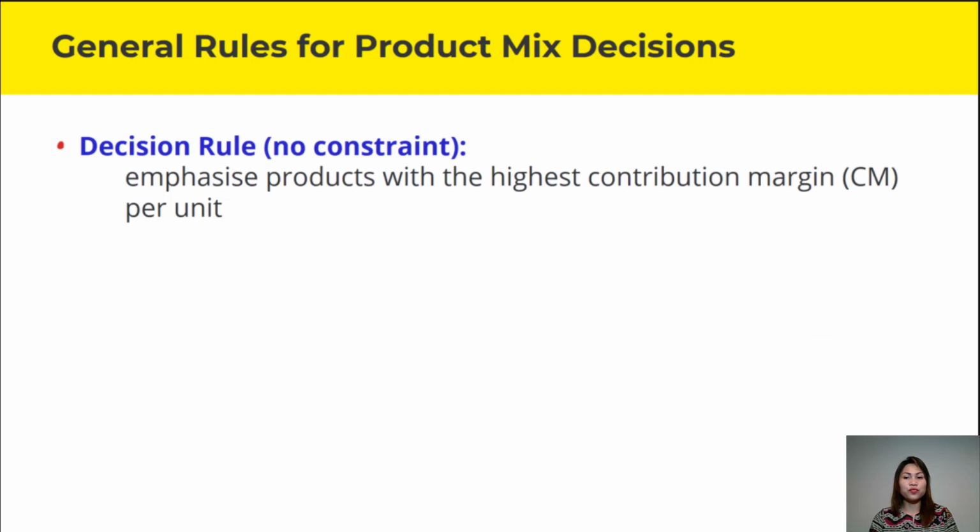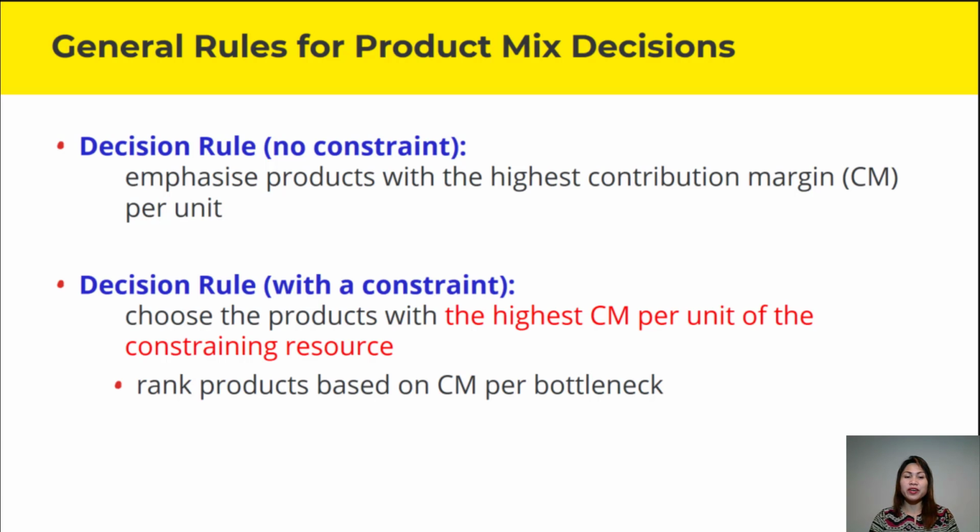The general rules for product mix decision depend on whether the firm has a constraint or not. If a firm has no constraint, the manager needs to select the products that contribute the highest contribution margin per unit. However, if the firm has a capacity constraint, they need to modify this general rule to include constraining resources.